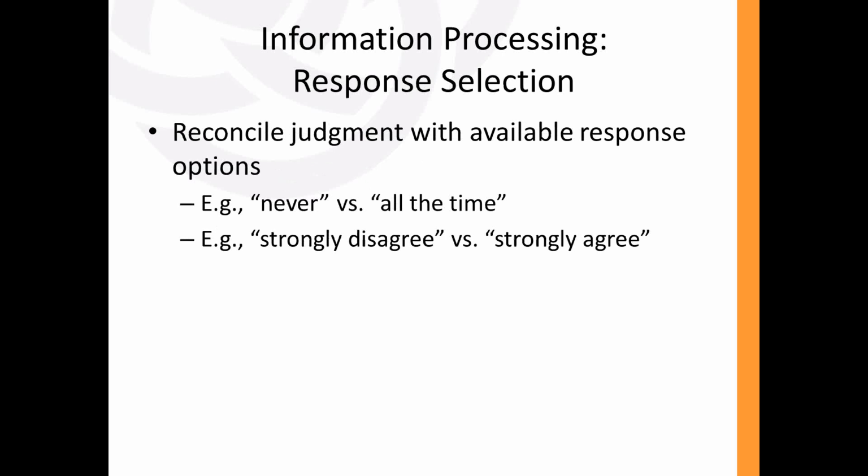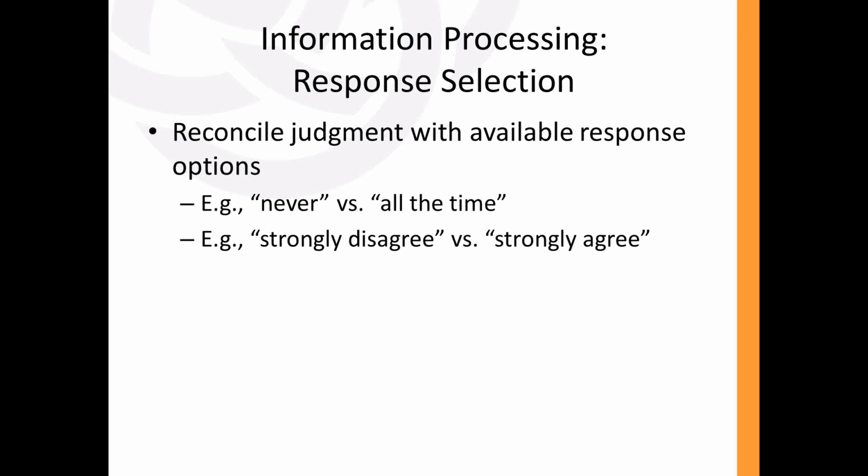Next up, once you have built that judgment about whether you agree with something, disagree with something, how strongly it affects you, etc., you have to make a decision about what response you're actually going to make, right? So any survey instrument, any question that you ask a respondent has some answer options, and these are going to be limited in terms of what they allow the participant to respond with.